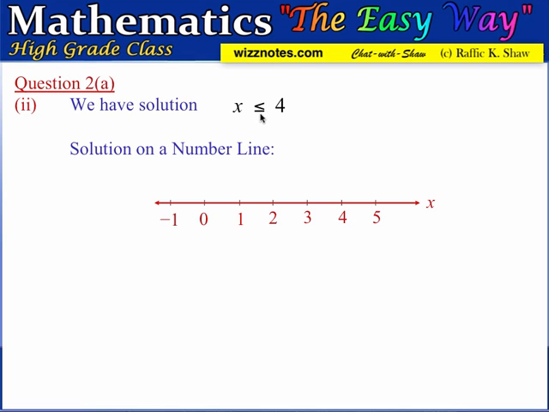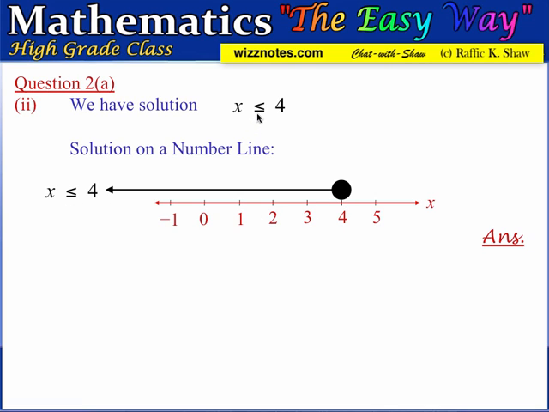Now the x less than or equal to 4 here means that x can take values of 4 or less. And so this is how that would appear on a number line. Let's put in the inequality x less than or equal to 4. Now notice that the shaded circle is placed on the 4. The shaded circle on the 4 means that 4 is included in the inequality and x can take values 4 or less.